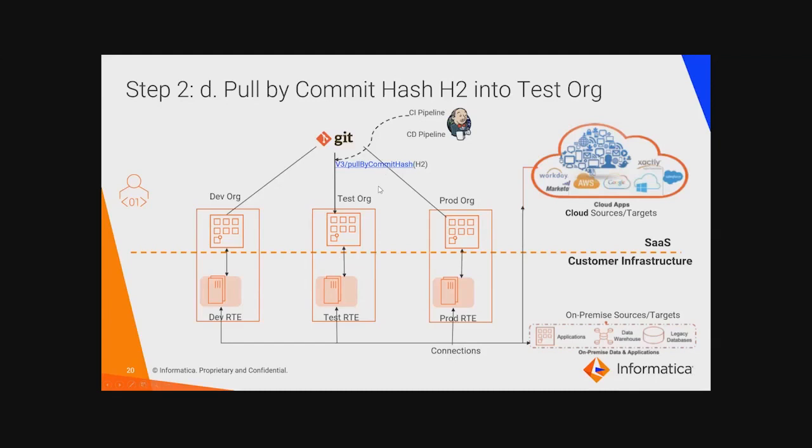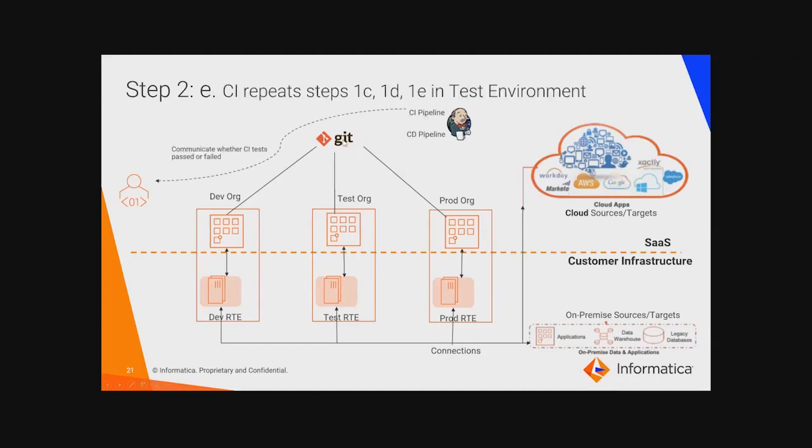In the next step, once this pull by commit hash is completed and we see that everything is completed, we will send a communication message that the CI test passed, and we are able to import the code into the test org.